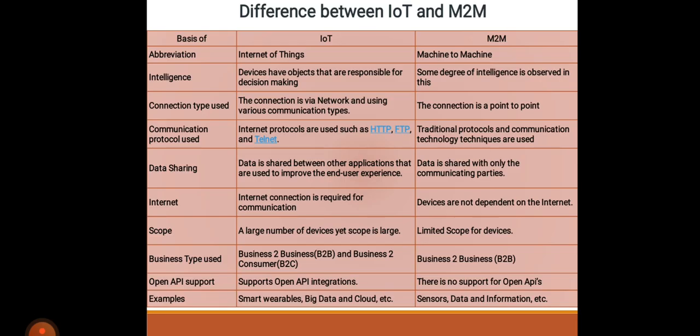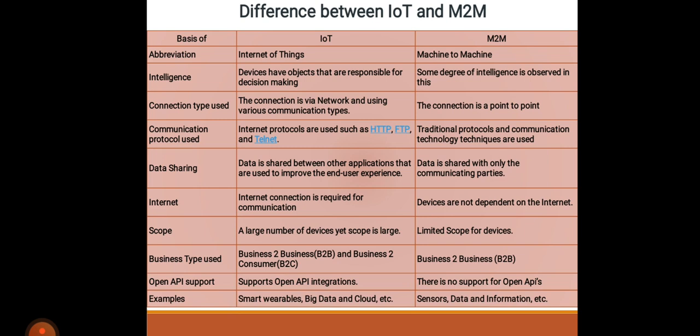Then the last point is the difference between IoT and M2M. We will see on the basis of these characteristics what is the difference between IoT and M2M. First one is the abbreviation. IoT means Internet of Things, M2M means machine to machine. Then what is the intelligence?